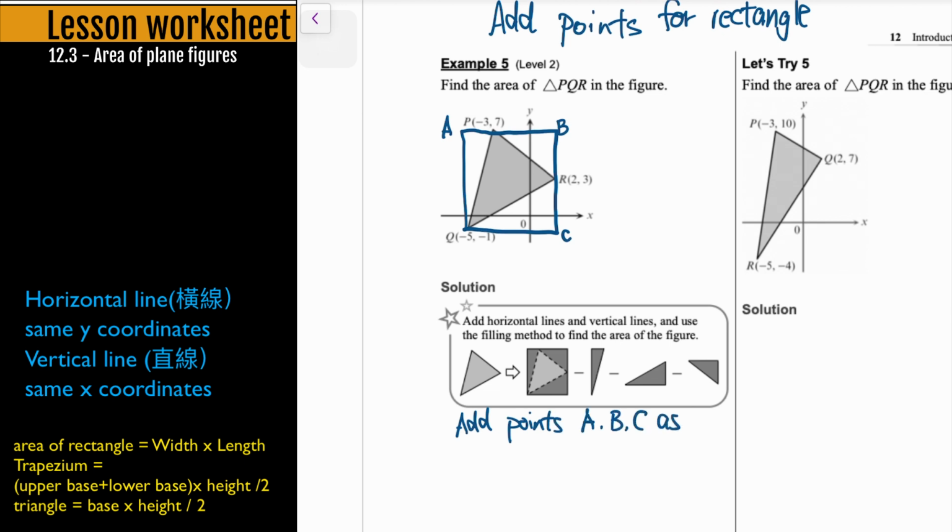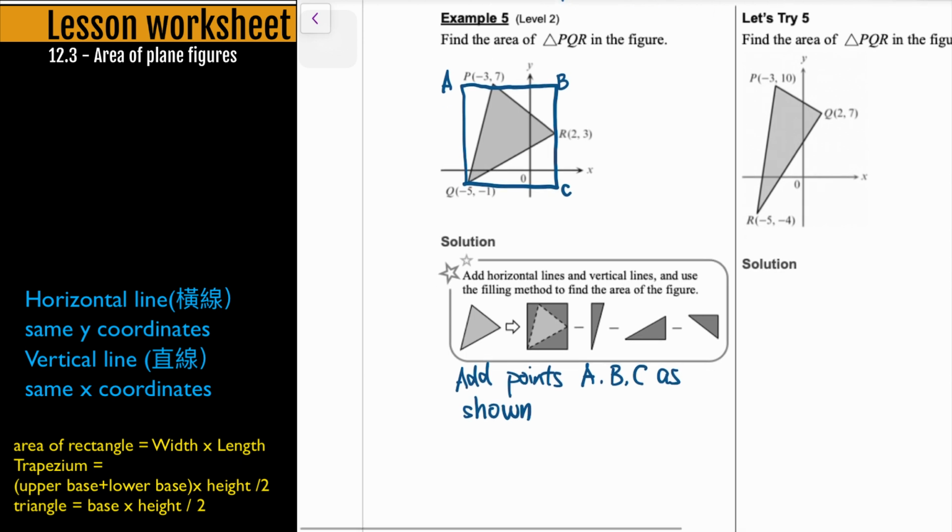This is to help you save some lines or some area, and save time. So now we need to put down A will be -5, 7, and B will be 2, 7, and C will be 2 and -1.